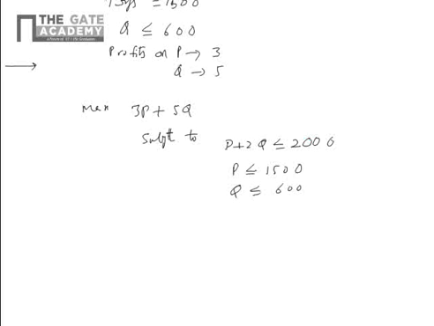Why we have taken 2q: the production time is such that for 1 unit of p you can produce 2 units of q, that's why.